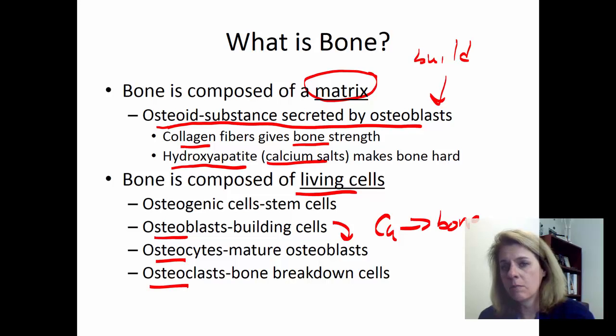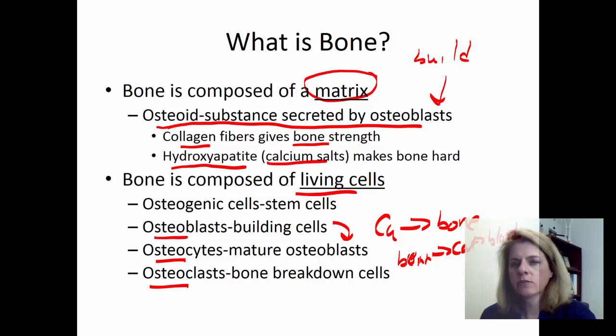And then osteoclasts take the bone and break it down and then send the calcium out into the blood. So remember, it's a hard substance, but it has living cells as a part of it. It also has nerves and blood vessels as well.